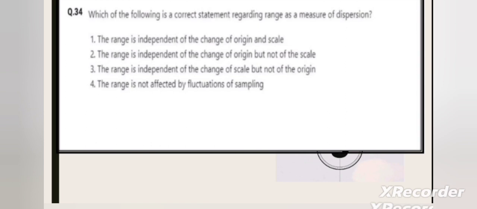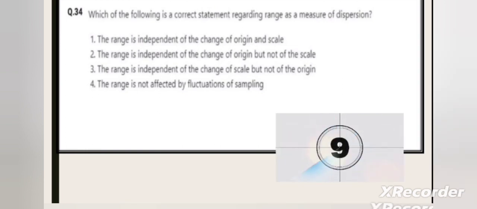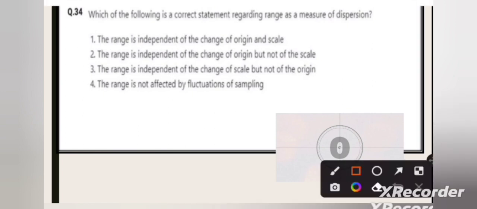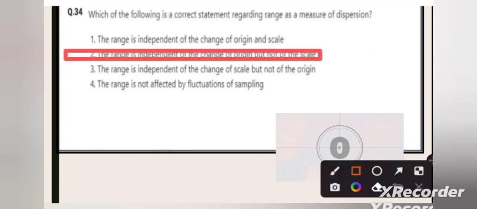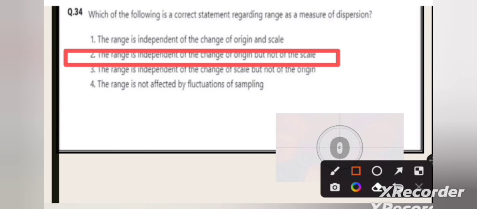Next question is, which of the following is a correct statement regarding range as a measure of dispersion? So here the correct option is option second, which states that the range is independent of the change of origin but not of the scale.